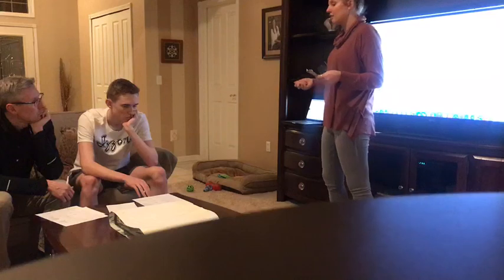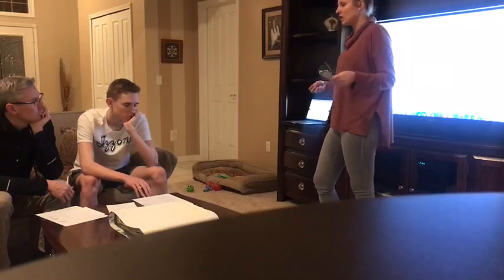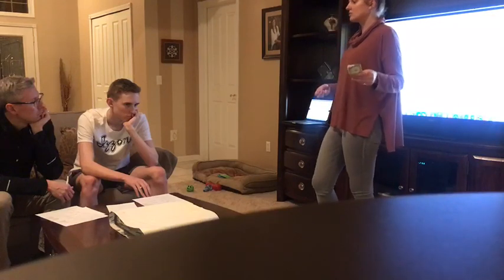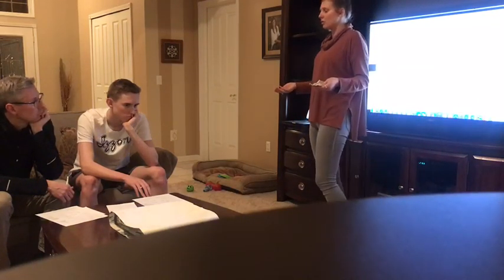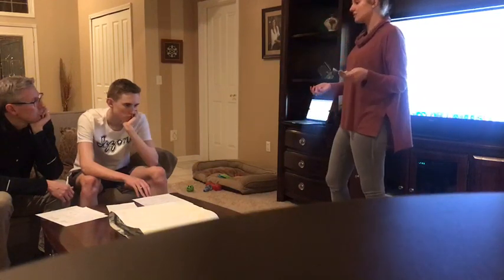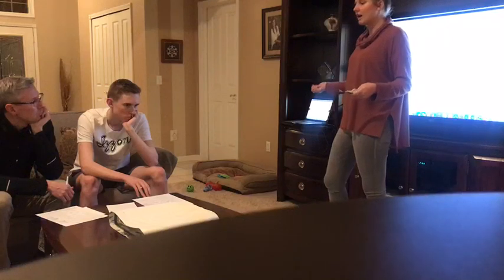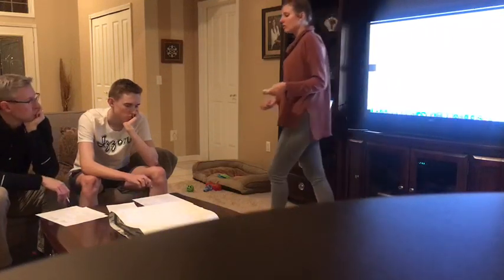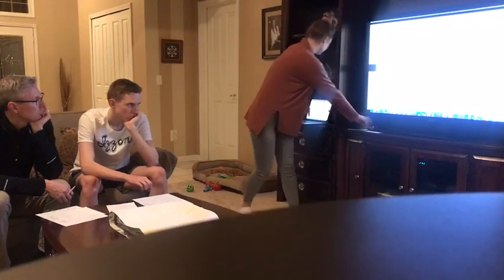So say you have $2 and then you have 9 quarters. Well, you can change the $2, which you use the conversion factor of $1 is equal to 4 quarters. You can change that $2 to 8 quarters, and then you can compare it to the other quantity of 9 quarters. So that's just a real world example of the usefulness of dimensional analysis.